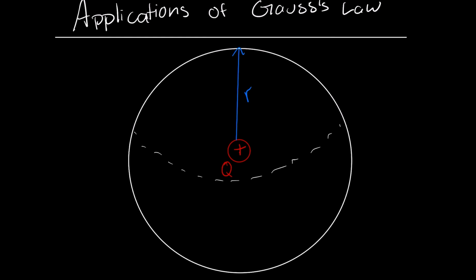So here we have the Gaussian surface, and let's go ahead and change this to a.